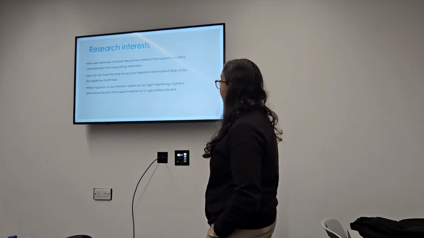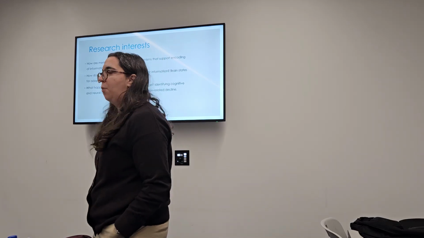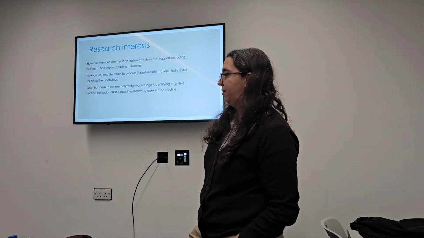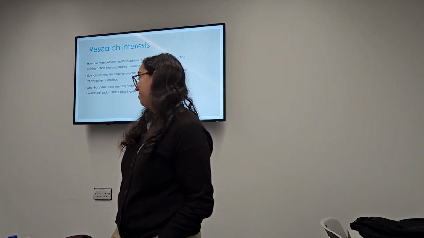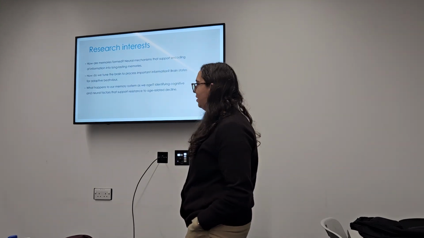Secondly, as I've mentioned before, I'm interested in aging and what happens to our memory system as we age. You're all aware that as we age, memory tends to decline. But that's not the case for everyone. There's a unique group of people known as superagers, and they seem to be able to resist this age-related decline.